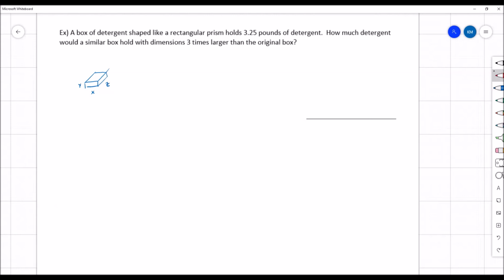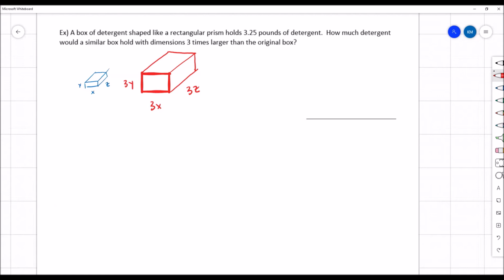Now they're saying, hey, what if we had a large box, like the Costco brand detergent, and it's 3 times as large? So this is 3X, this is 3Z, this is 3Y. How much more detergent will we need?